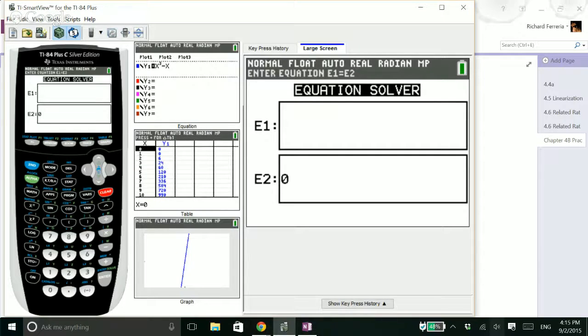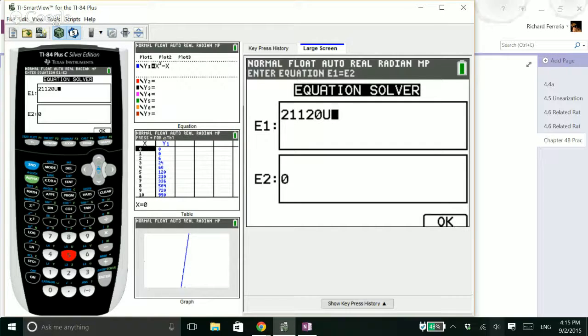We got 21,120 and u, right? Can I put a u there? I could put u there if I wanted to. Why not?